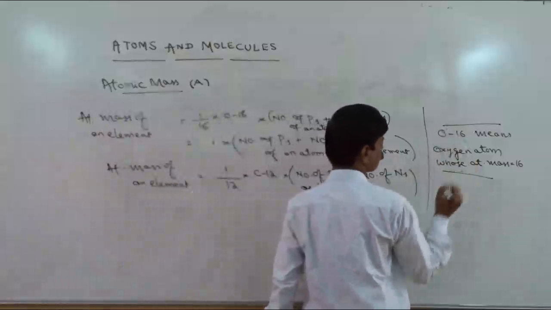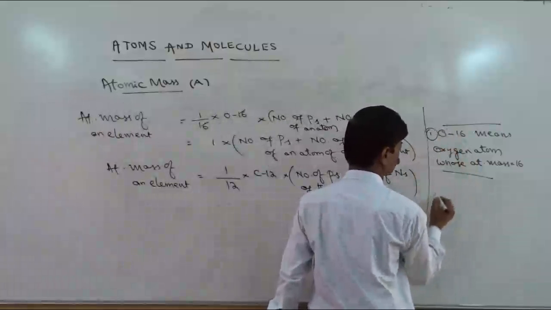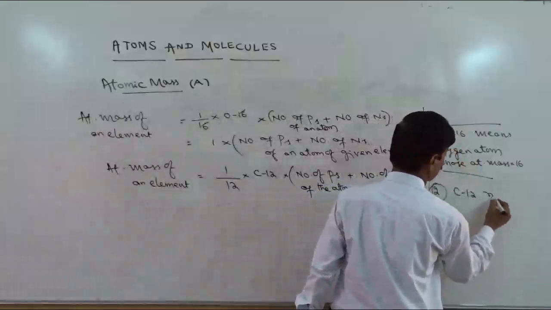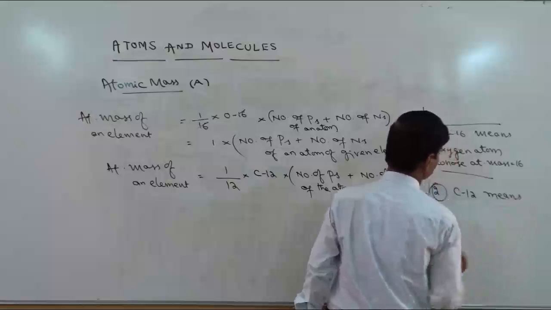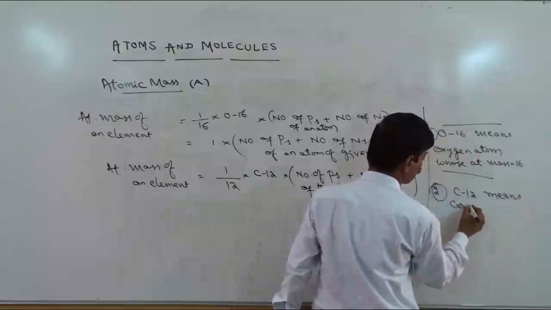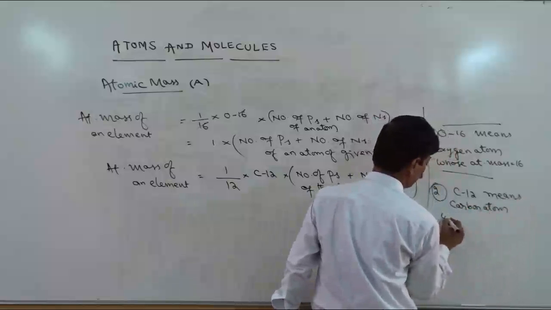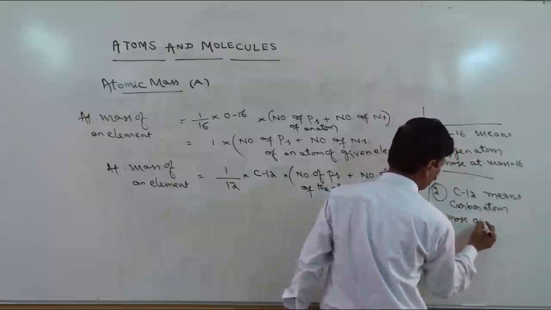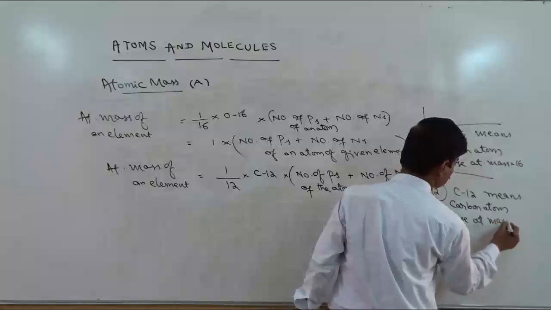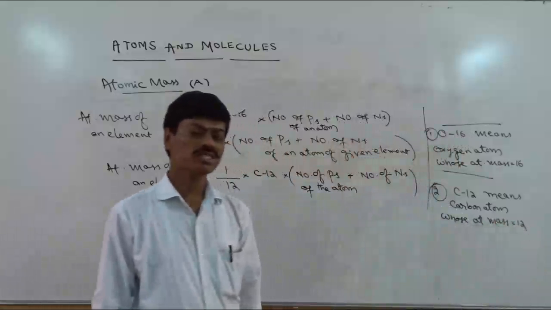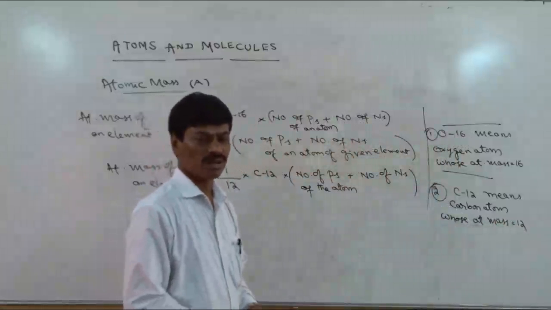And here C12 means the carbon atom whose atomic mass is equal to 12. C12 is nothing but an isotope of carbon.